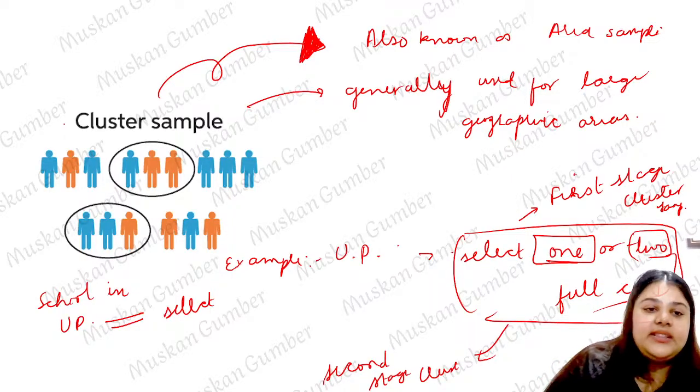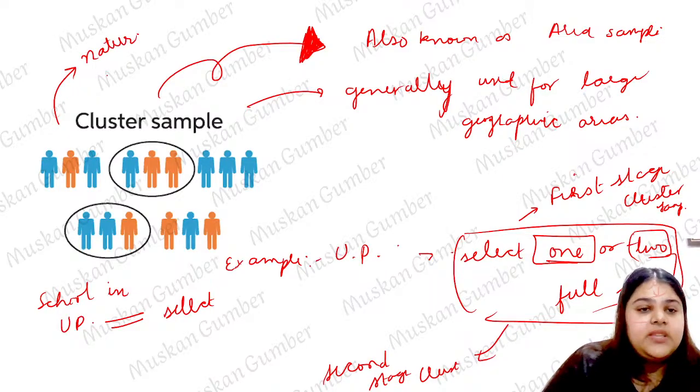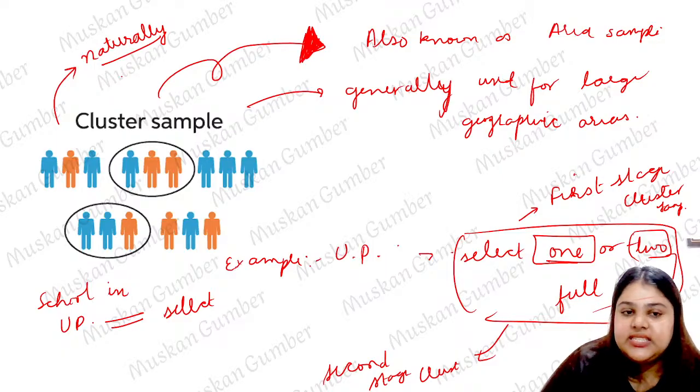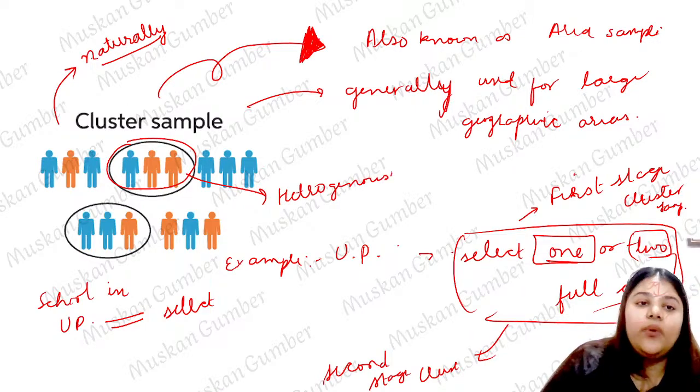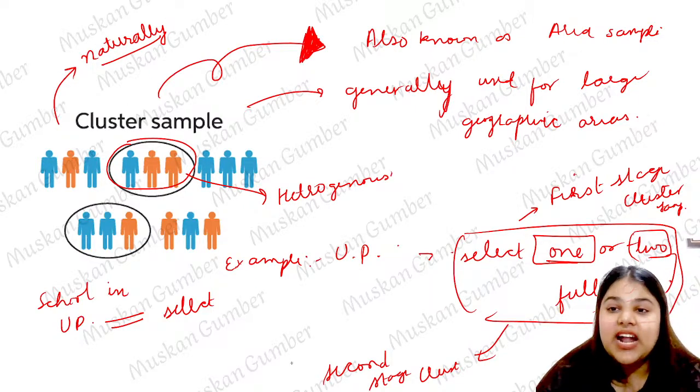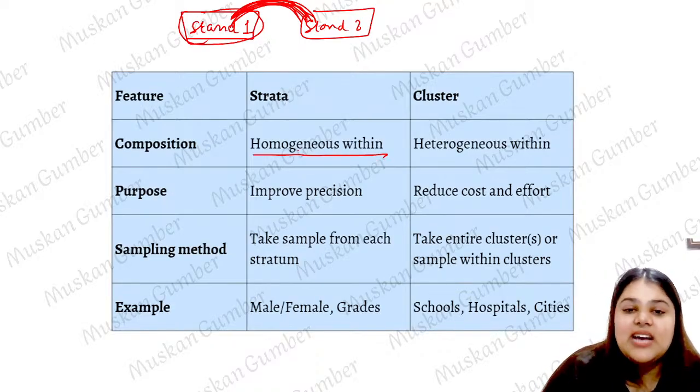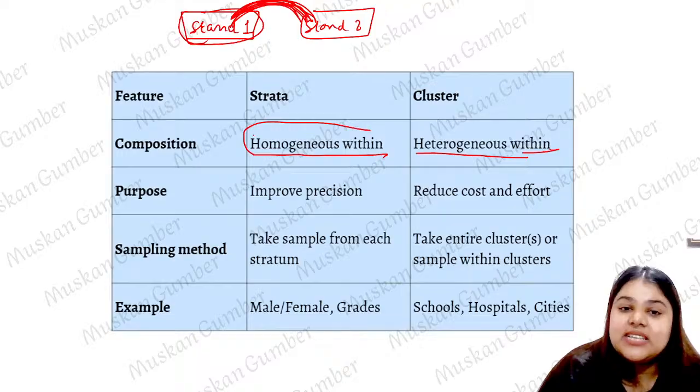But just know one thing, this cluster sample is collected from naturally occurring groups. These clusters can be heterogeneous within. So what is the difference between strata and cluster? Clusters are heterogeneous within, whereas strata are homogeneous within.